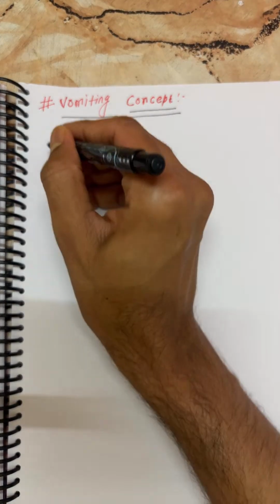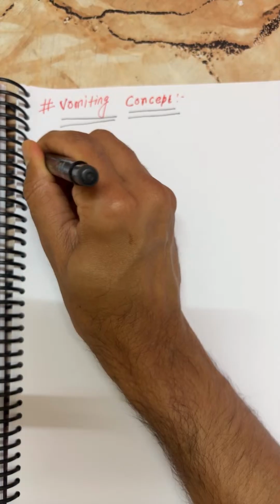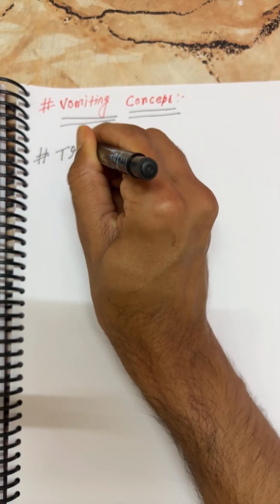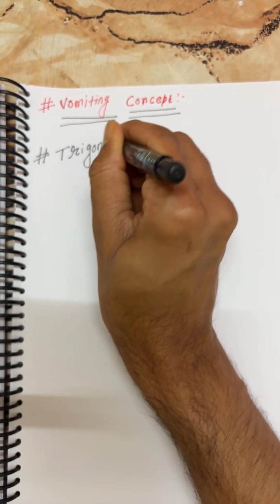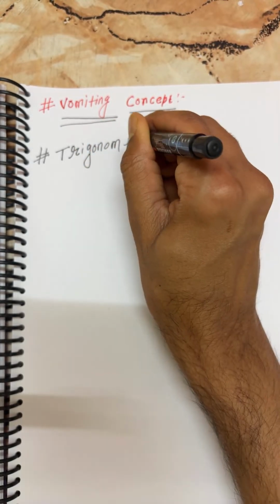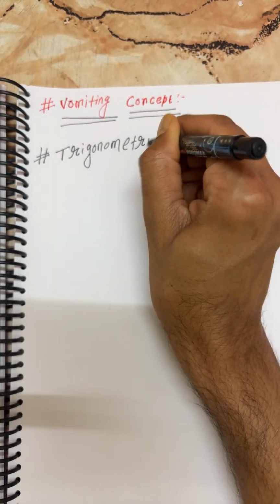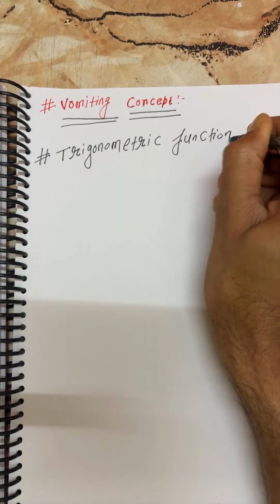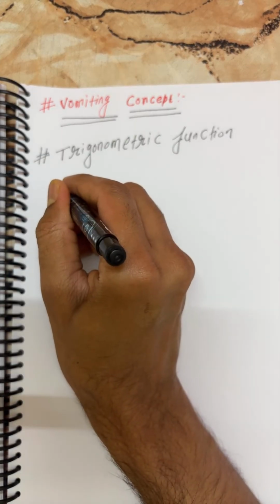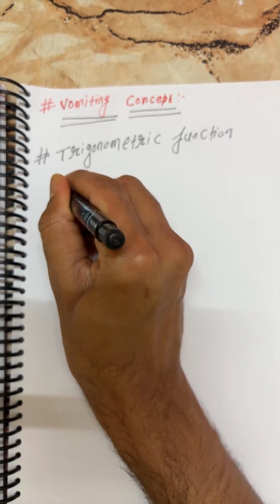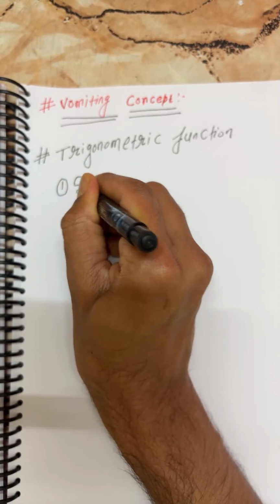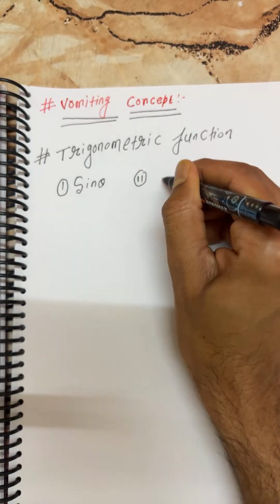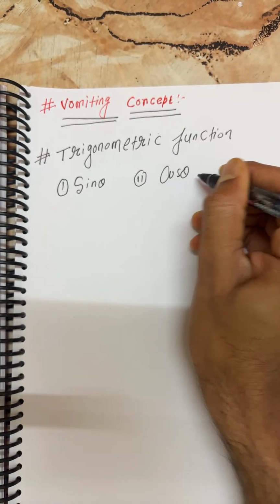You know how many trigonometric functions we have. First, I want to tell you all those functions. How many trigonometric functions do we have? This is the first one, sine theta. Next, cos theta.